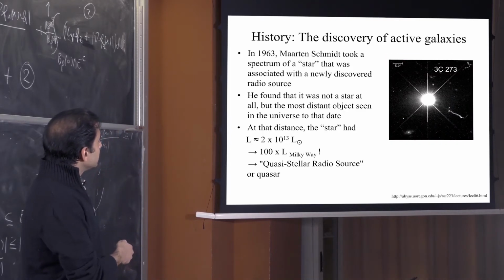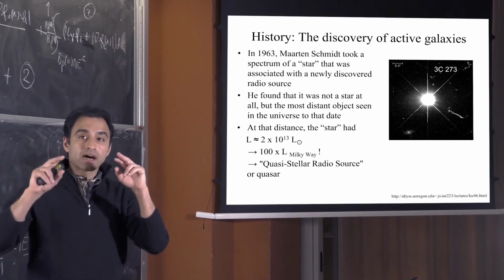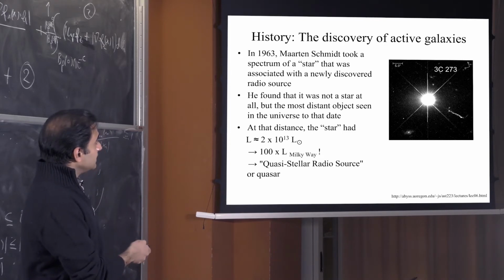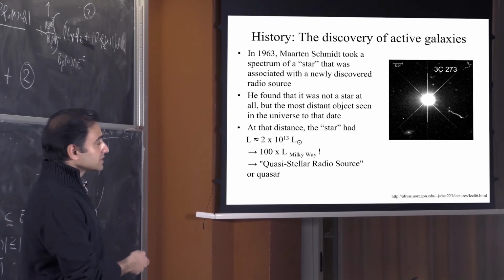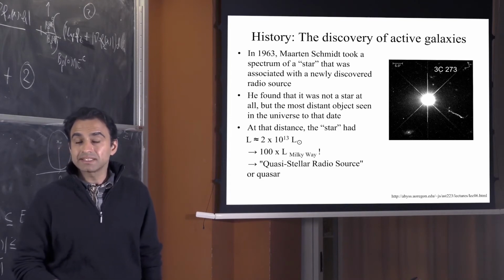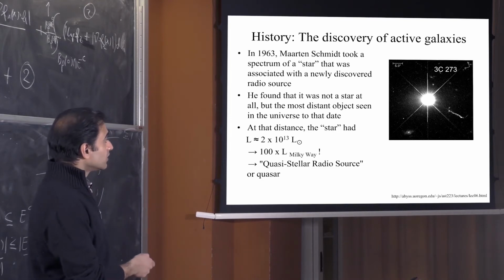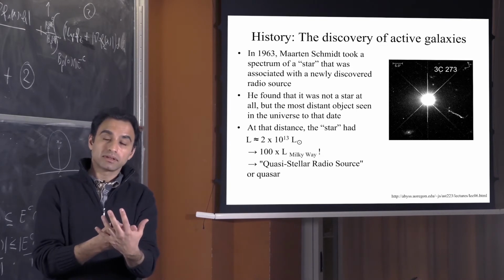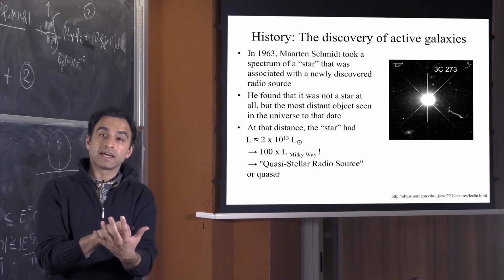Martin Schmidt, in 1963, took a spectrum of a star. So what that means is basically these were the very first measurements of quasars, quasi-stellar objects. As I told you before, these AGN have a bright spot at the very center of the galaxy.